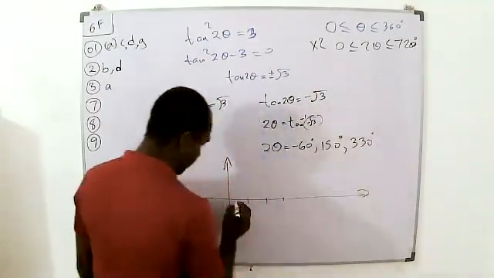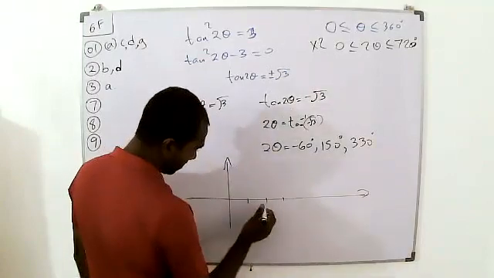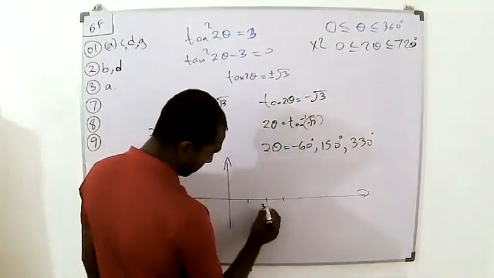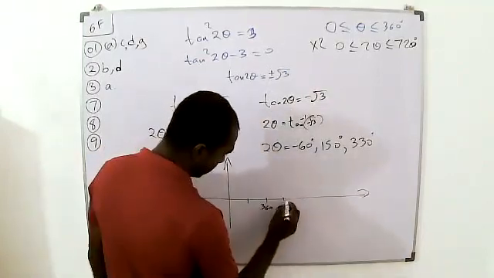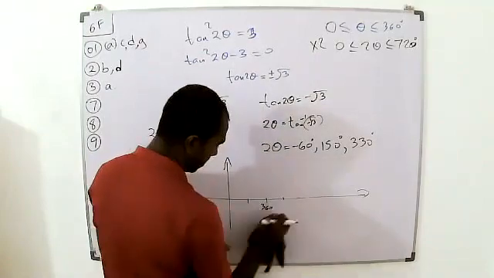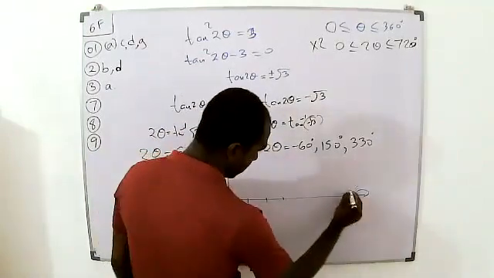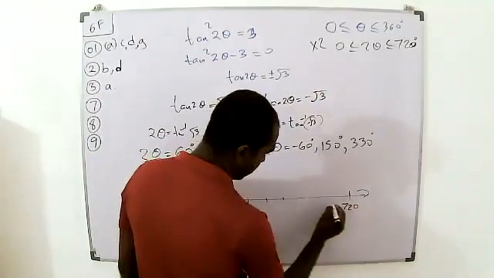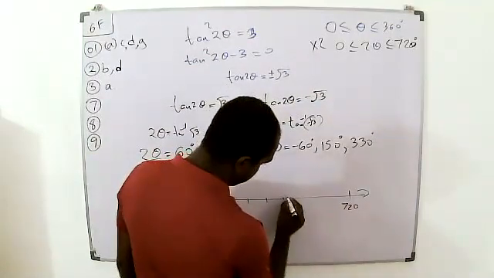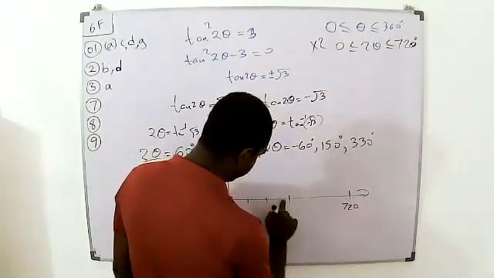What will be the best way? Let's take this as 360. So then this is 720 here, so then half is going to be here, no?